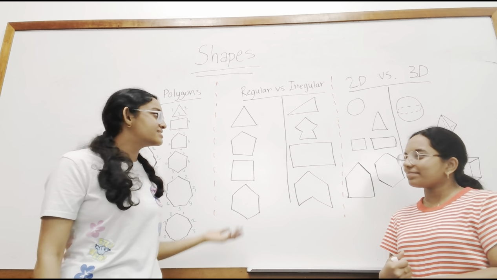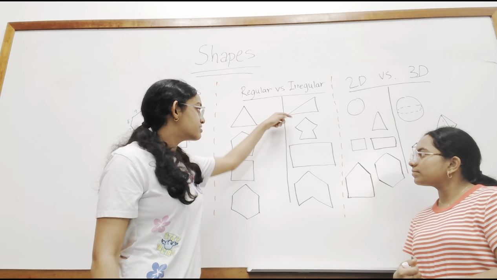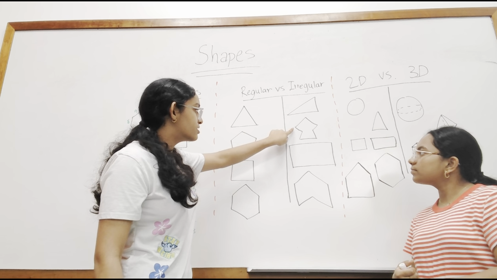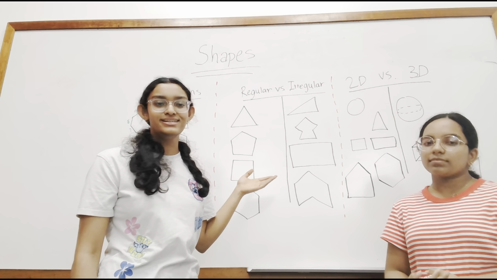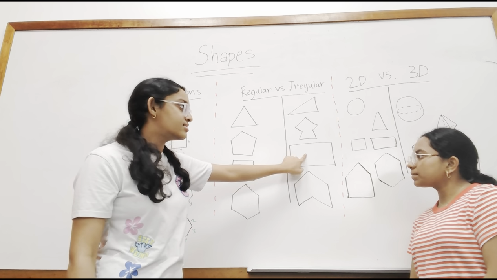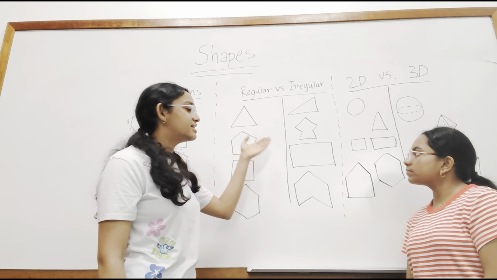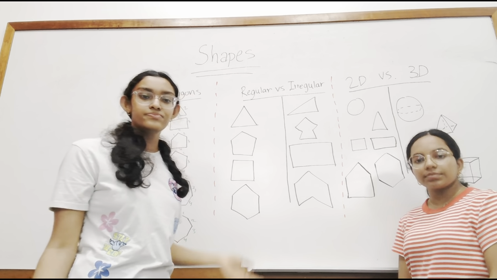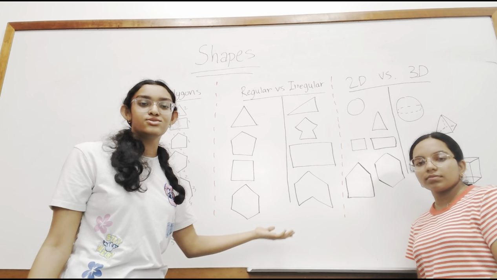Look at this, a lot longer, a lot shorter, and it just doesn't look very friendly. But this is a rectangle, and we know how to name it. It looks pretty friendly, but the reason it's irregular is because its sides are not an equal length. And also this doesn't look regular.